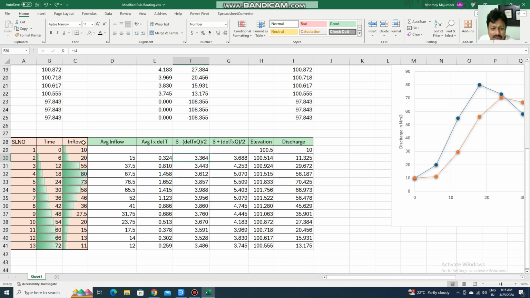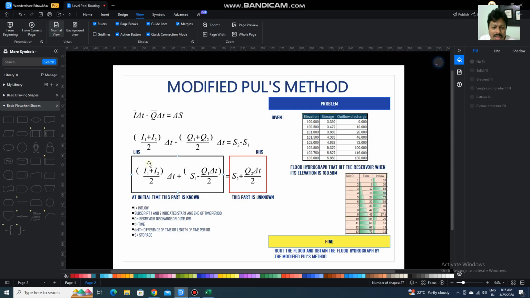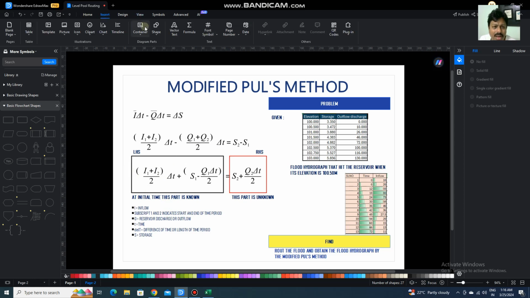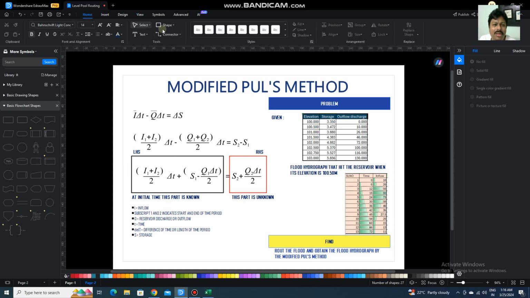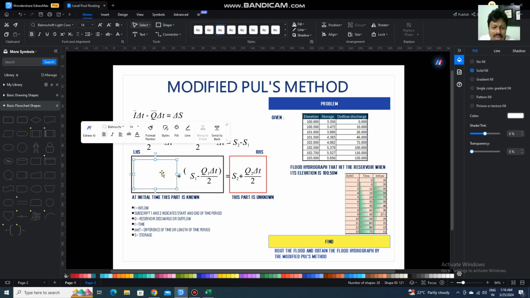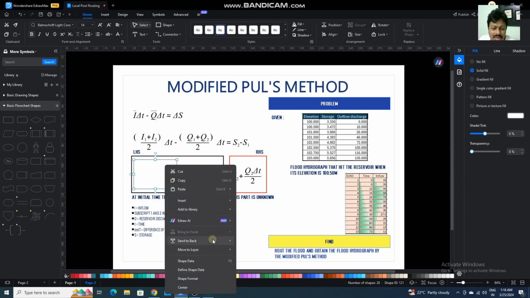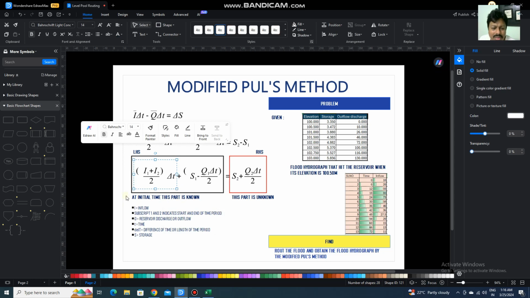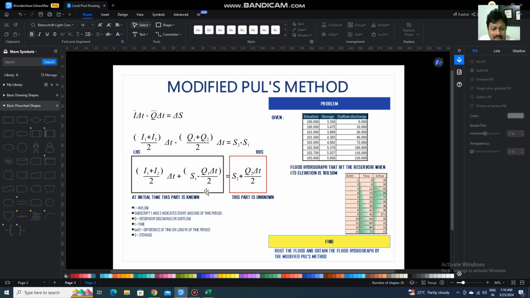Now if you observe this table, you find average I into del t. This is the point, correct? Average I into del t. Let me show it in a good color. This is the del t. This we have already, correct? Yes, this we have already.